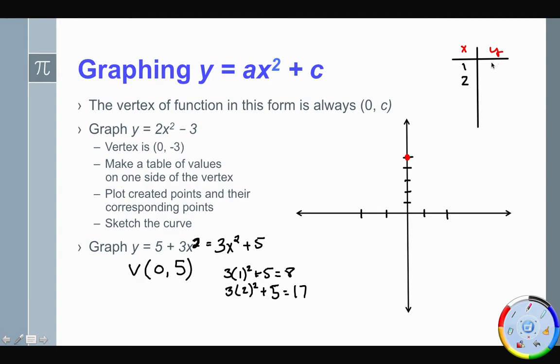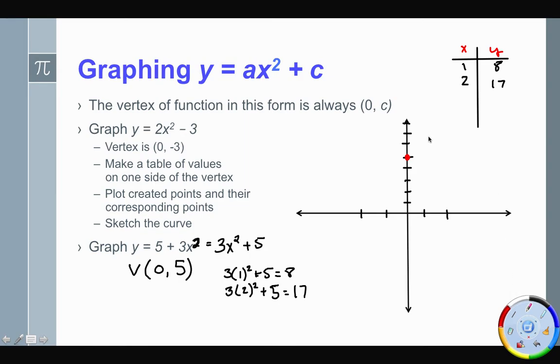So I get the values 8 and 17 for my y values. So we're going to see what we can fit on here. So that's 5, 6, 7, 8. All right, so I'm not going to be able to fit it on my graph, but you should be able to fit these coordinates on your graph when we use graph paper later on.